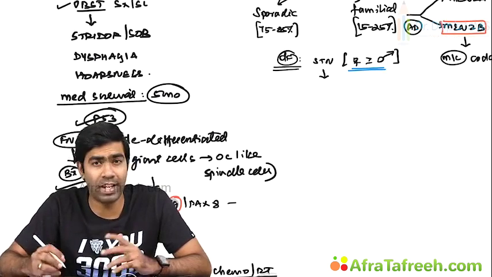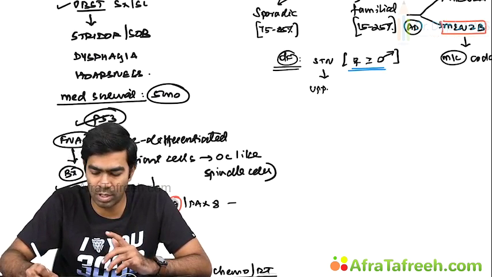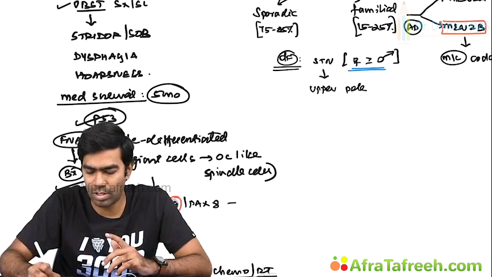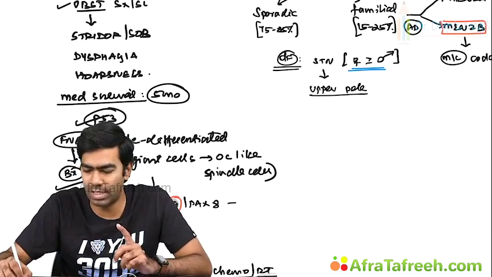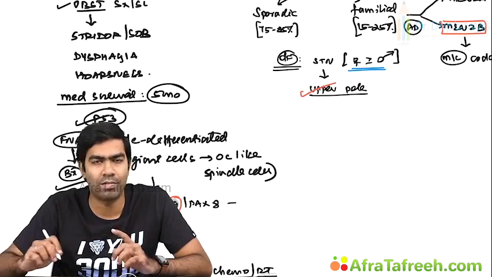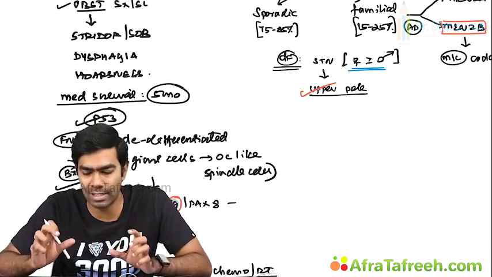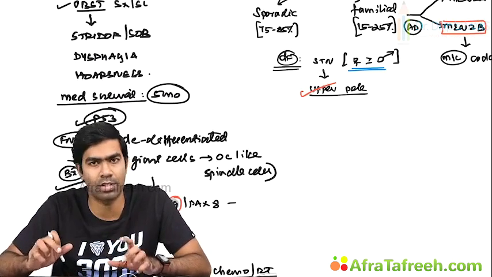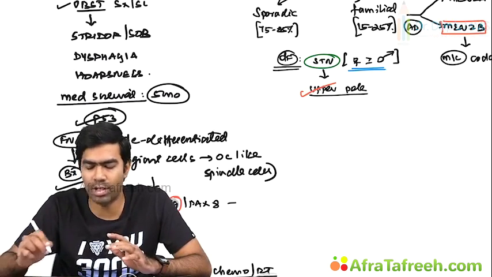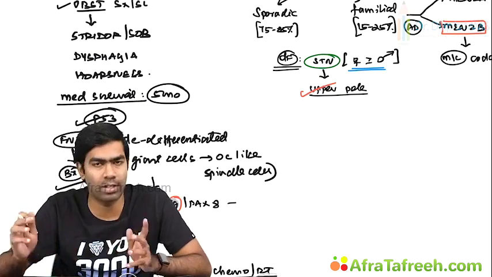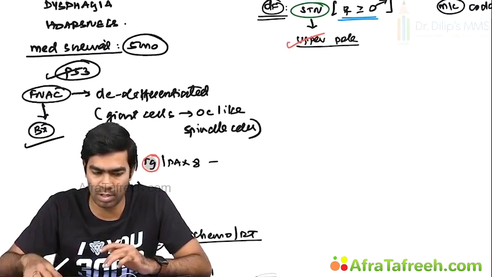And very commonly they will be seen in the upper pole of the thyroid gland. Solitary thyroid nodule in the upper pole. Why in the upper pole? Because the upper pole is the region where you see the maximum number of C cells. The C cell or parafollicular cell concentration is highest in the upper pole. That's why MTCs often come as a solitary thyroid nodule in the upper pole of the thyroid gland.